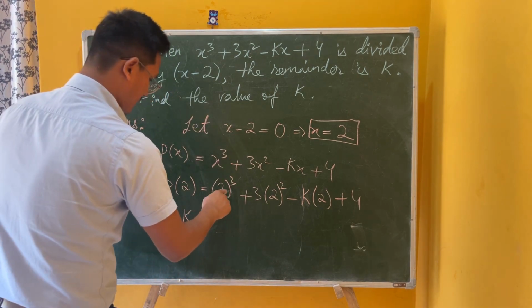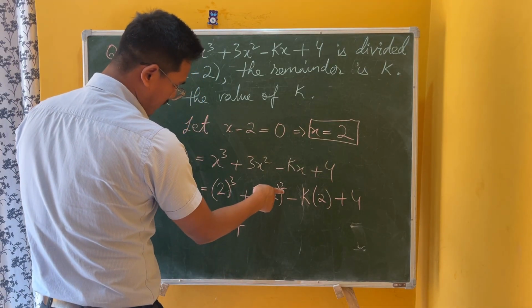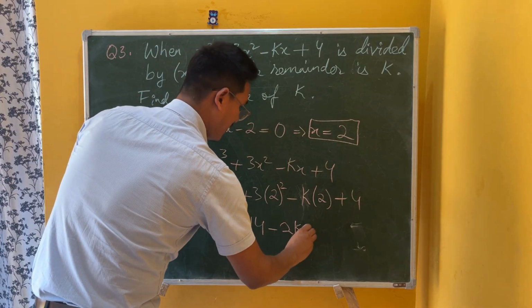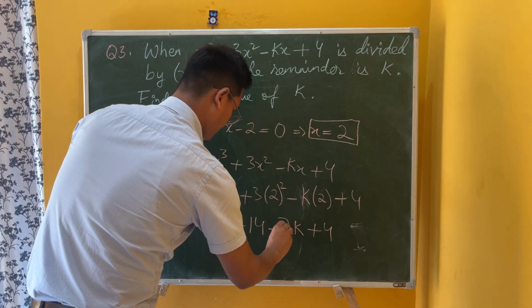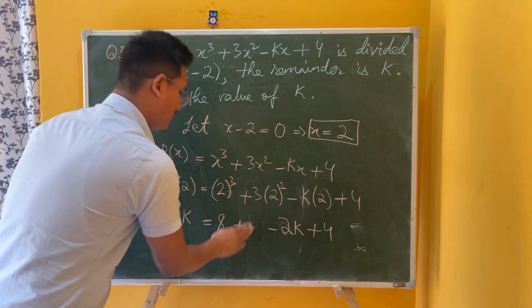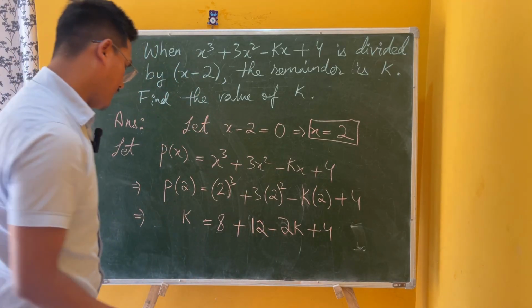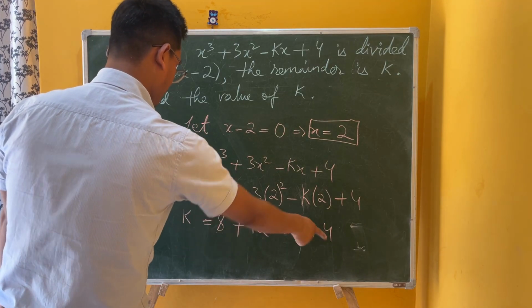Now solve this. 2 cube means 8, plus 4, 3 fours are 12, minus 2k plus 4. Sorry, it's not 14, it's 12. Now let's add. So this is going to be 12 plus 8 is 20, 20 plus 4 is 24.